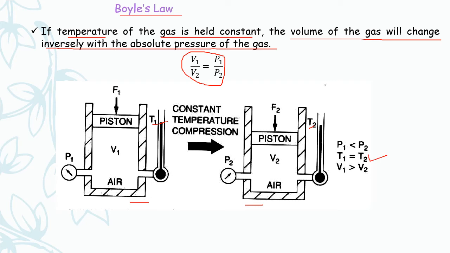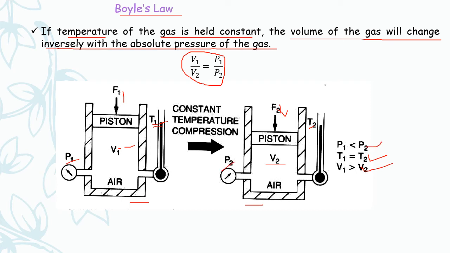At this constant temperature, the force is increased from F1 to F2. When the force is increased from F1 to F2, at constant temperature you are compressing the air. So volume will decrease from V1 to V2 and pressure will increase from P1 to P2.